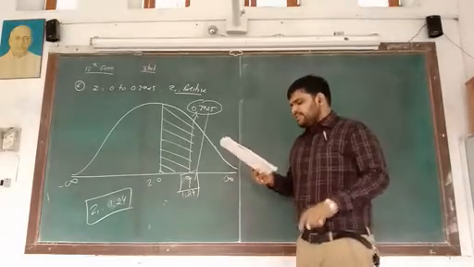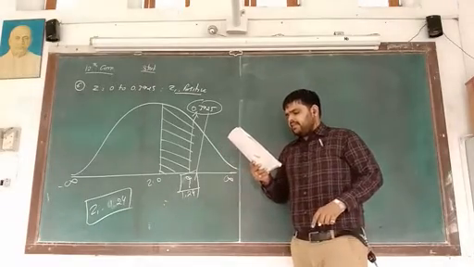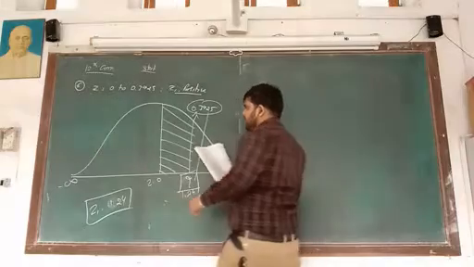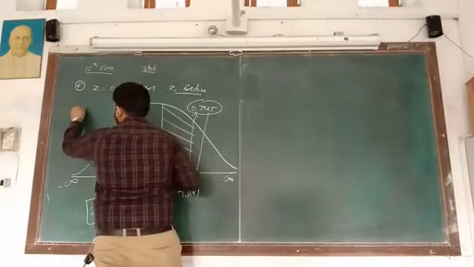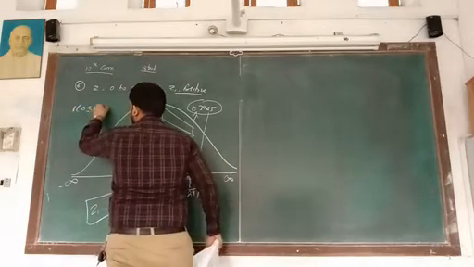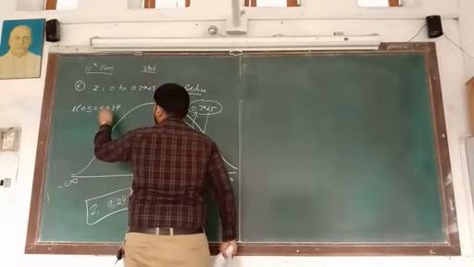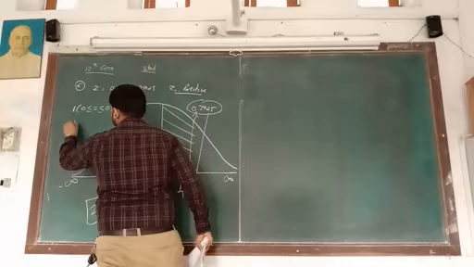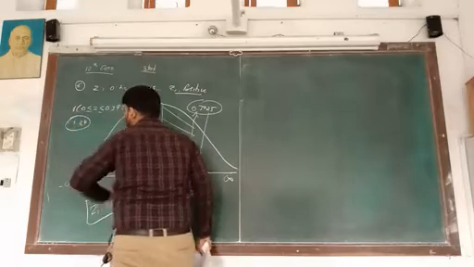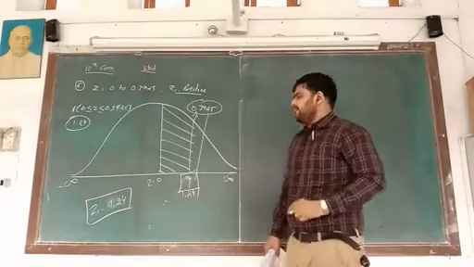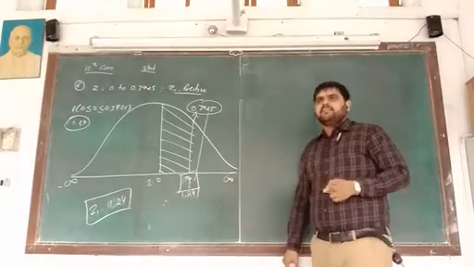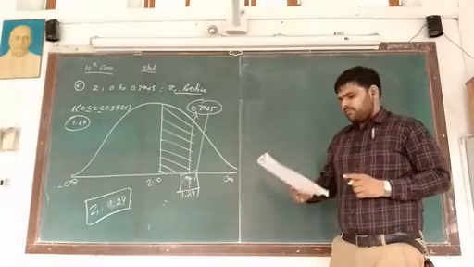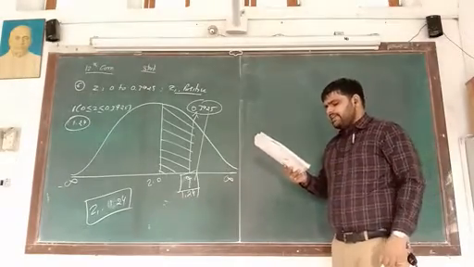It is given, that probability p of 0 to z is 0.3925, and its value is 1.24. So the value of z1 is equal to 1.24, a positive sign.